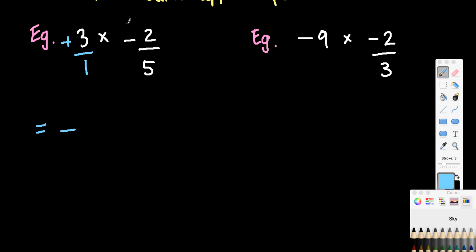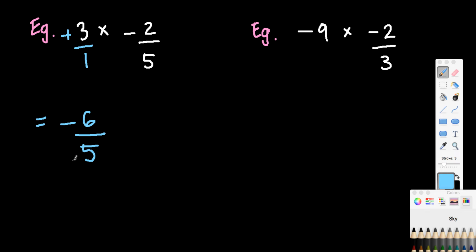I'm going to multiply the numerators together, so 3 by negative 2, so that I've already got the negative there, negative 6, and 1 by 5, 5. So my answer will be negative 6 over 5. You can leave it like that, or you can convert it to a mixed number if you wish. So we've got negative 1 and 1/5.